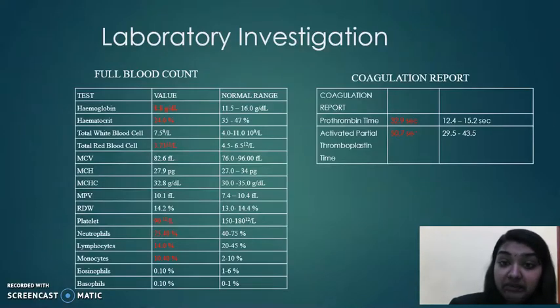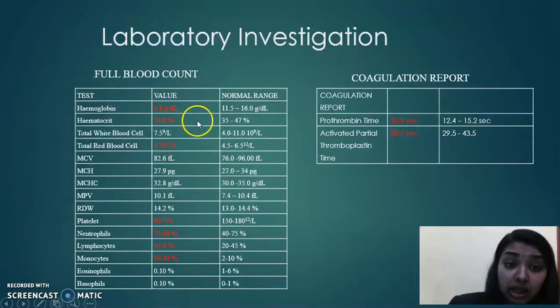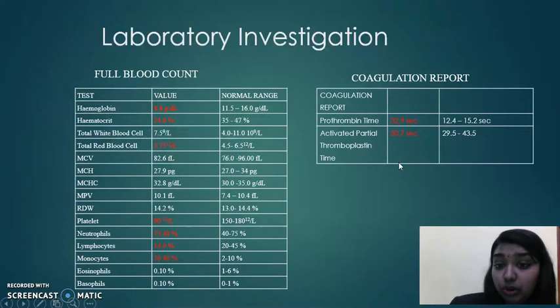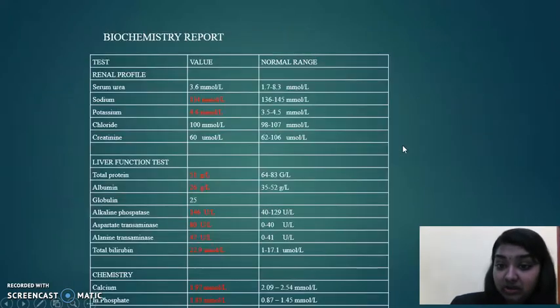Her laboratory investigation during her amniotic fluid embolism reaction showed hemoglobin, hematocrit, and total red blood cells dropped from the normal range. This is because of massive blood loss. It could lead to anemia for the patient. The coagulation report shows prothrombin time increased to 32.9 seconds and activated partial thromboplastin time increased to 50.7 seconds.